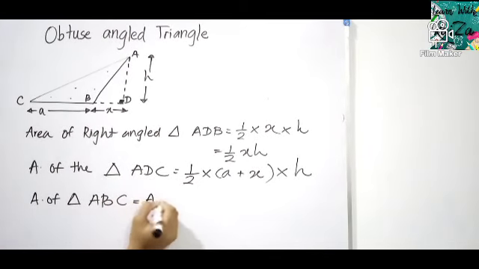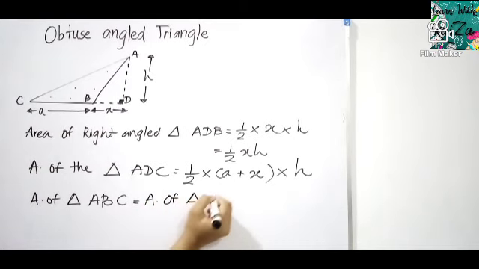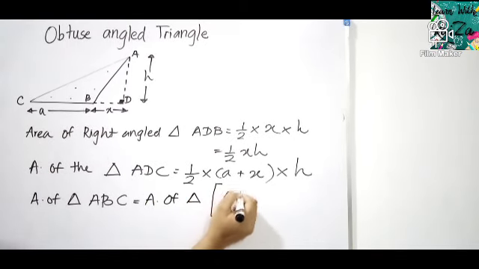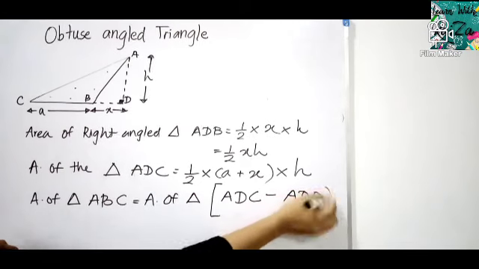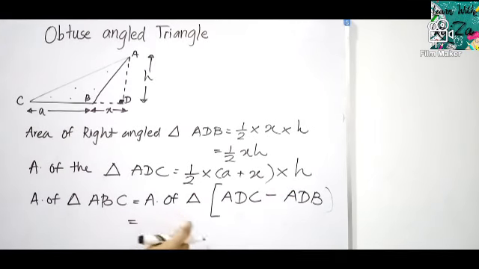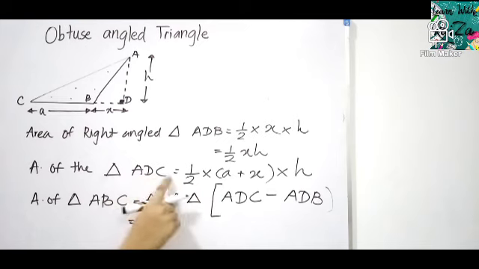So the area of triangle ADC minus, subtracting the area of the triangle ADB from the area of the triangle ADC. So what is the area of the triangle ADC?